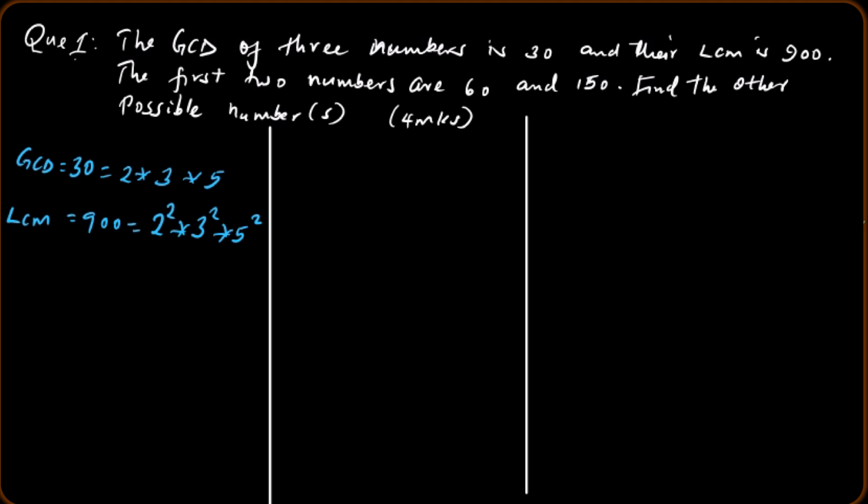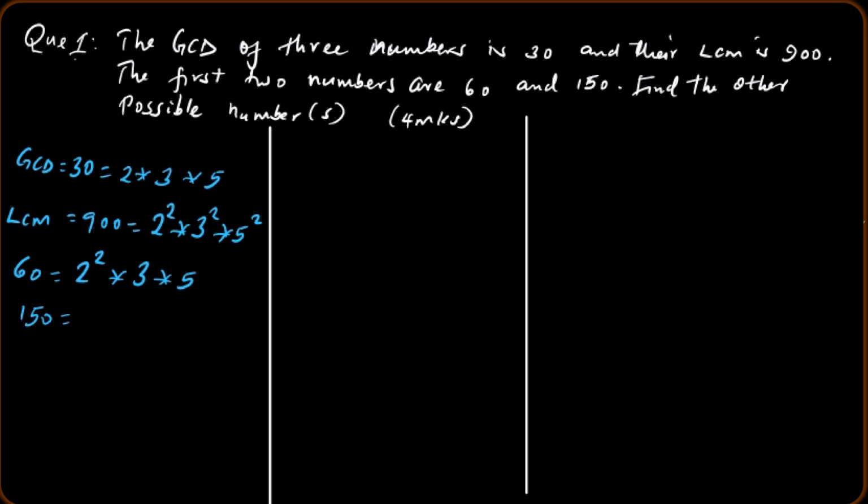Now, the first two numbers are 60 and 150. So we express the first number, 60, into its prime factors. You get 2 power 2 times 3 times 5. The other one is 150.